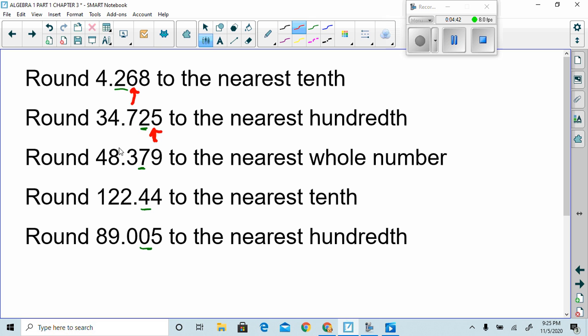If I want to round to the nearest whole number, this is the whole number here, I look to the right, and that will tell me whether to round up or down. And again, the same with the next. Once again, put your answers on your sheet in your notes, and we will talk about them in class.